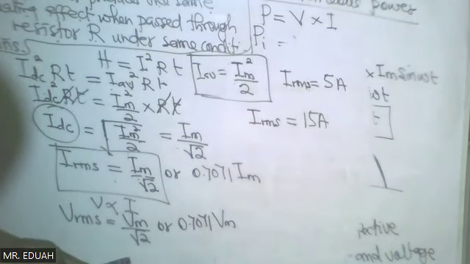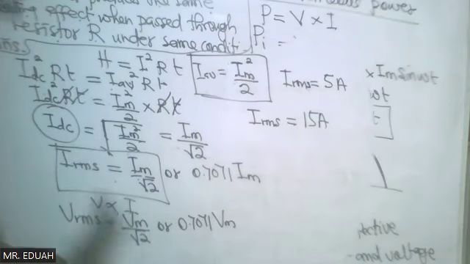Okay, so what it means is that the amount of DC that will produce the same heating effect as the AC going through a resistor R is 15 amperes. So what is the definition of RMS?